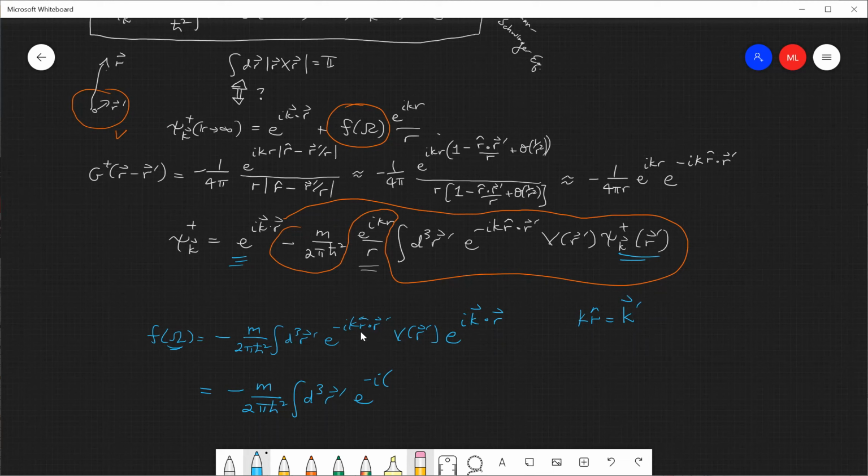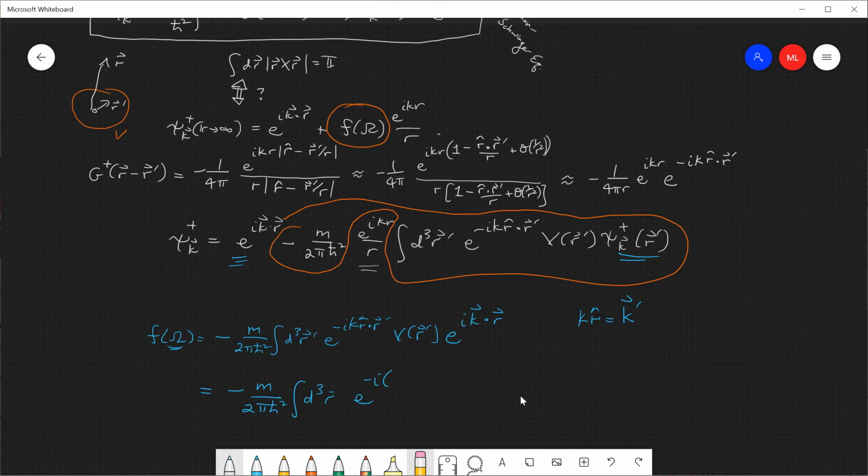Because remember, in an elastic scattering process, the magnitude of the k's is the same. And so k prime is just the direction you're looking, the way in which things are scattered, times the magnitude of k. And now we can drop this prime, because this is just a dummy variable after all.